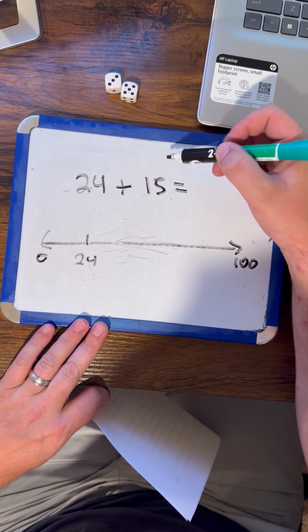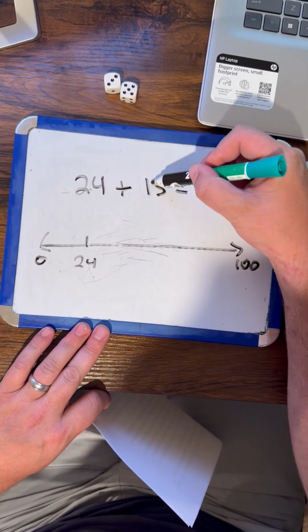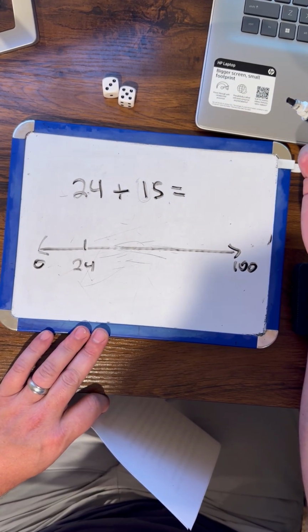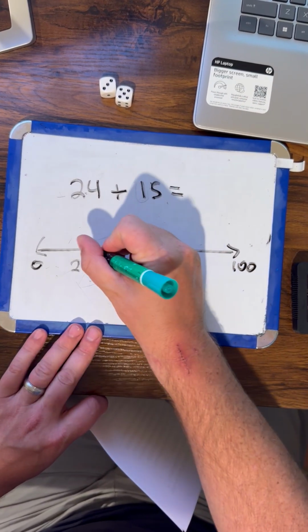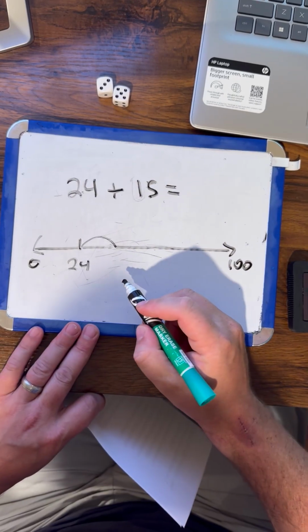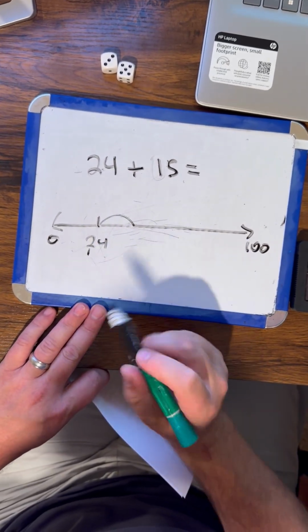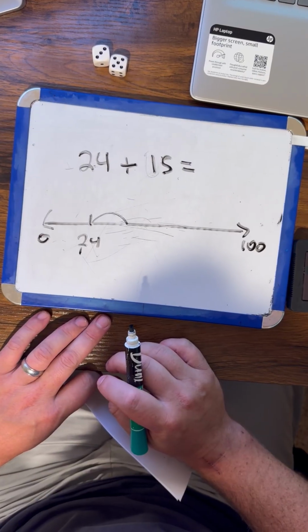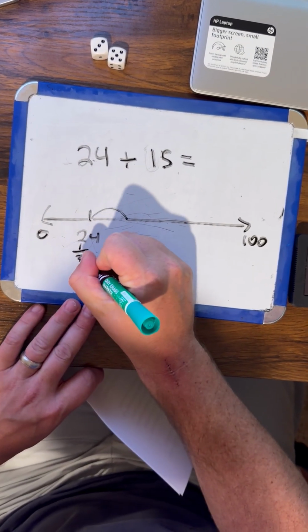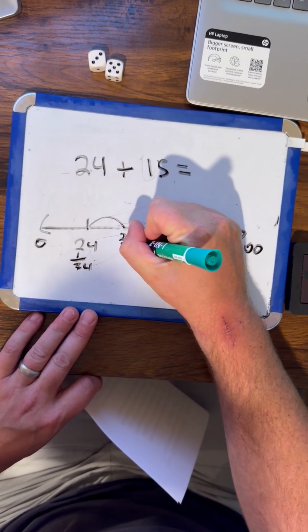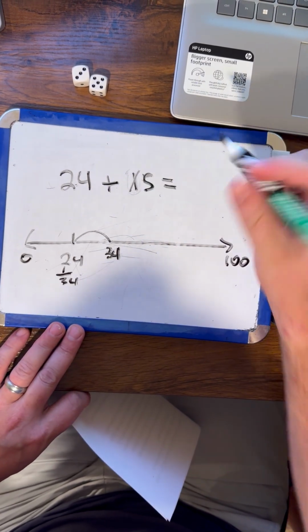Well, we know from before that this is the tens place, so we have 1 ten. That means we can jump forward 10 from 24. If we add 1 to the tens place on 24, what do we get? That's right, 34.